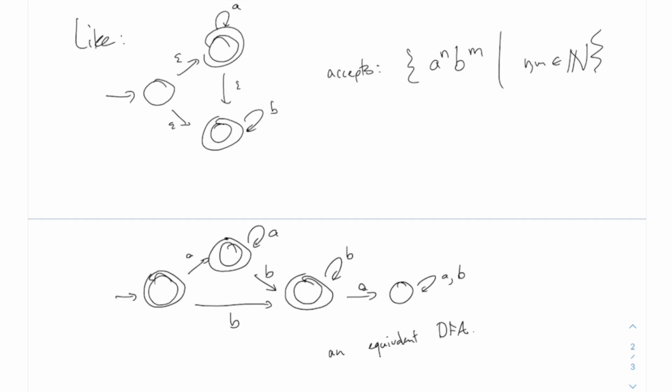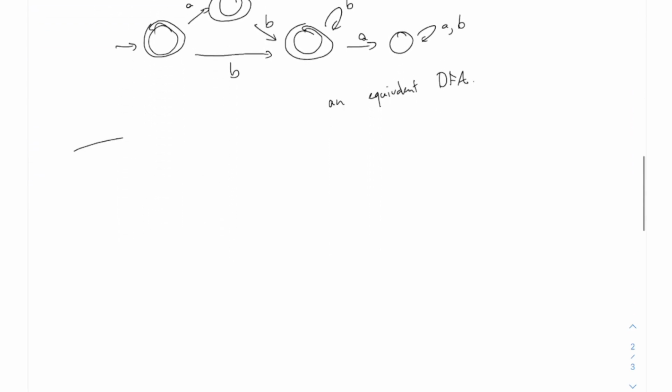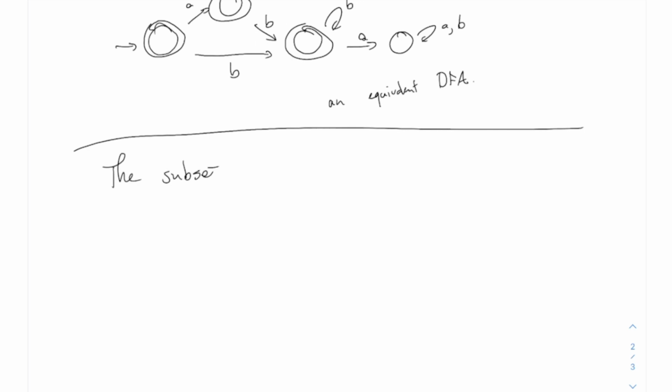So I want to try and describe this. Our book refers to this as the subset construction. We've already had the product construction, where you take two DFAs and combine them, and the states in the product construction are products, pairs of states from the original two machines.